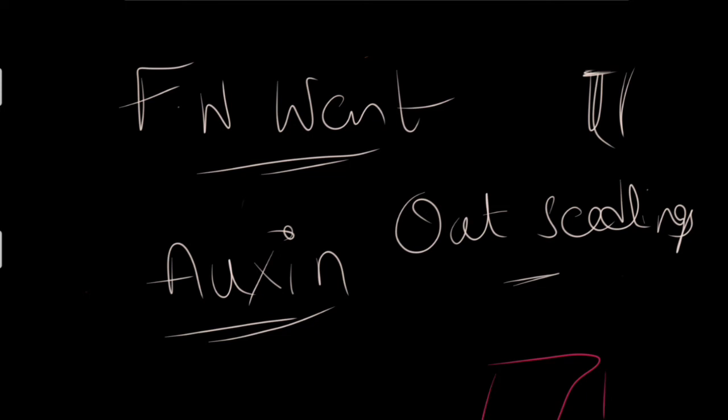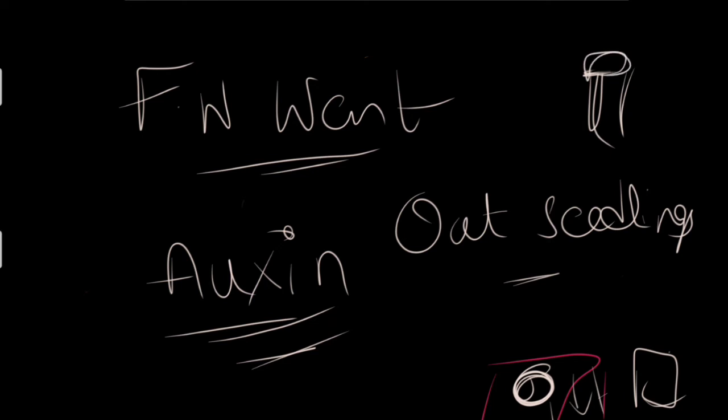This agar block extracted the material from the coleoptile, and it was now acting as the compound auxin. And when I placed it on top of these canary grass, they were showing phototropism.